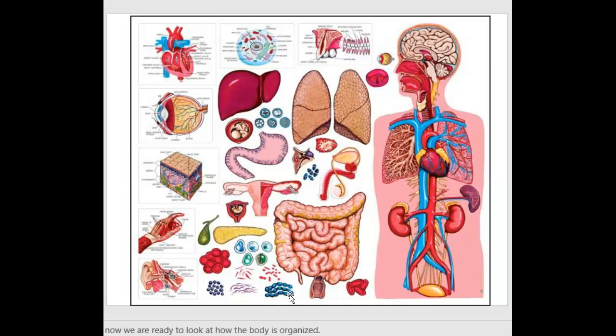And we can look at this piecemeal and just go through every single organ, cell, or tissue, but there's really an organization to our body, and if we follow that organization, it's not nearly as confusing for us.